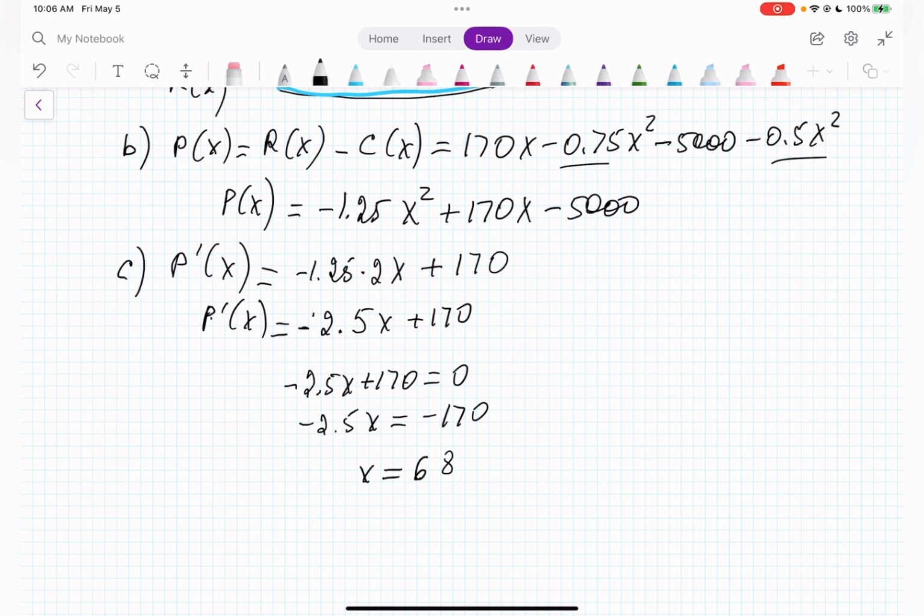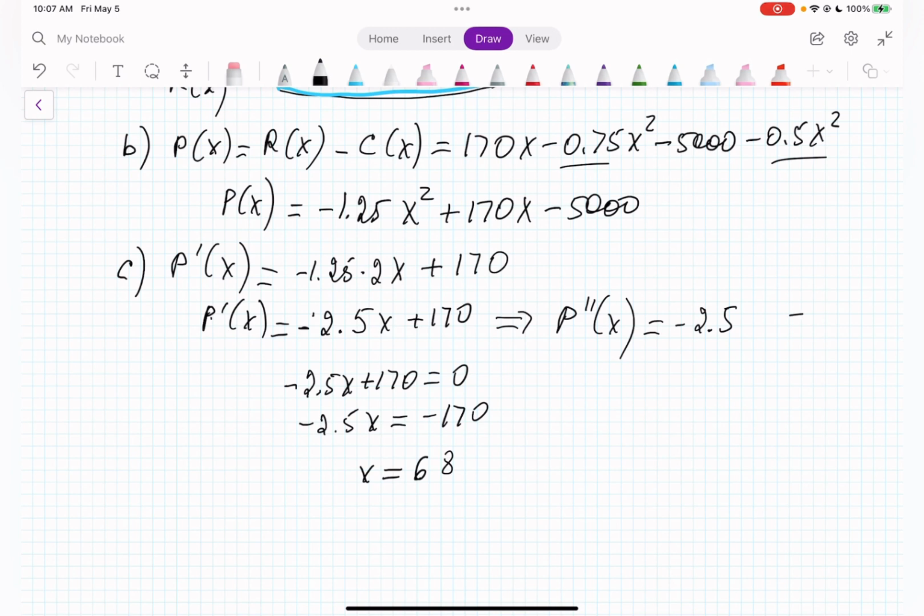Now, second derivative. If I take the second derivative, what do I get? P second derivative of x is equal negative 2.5, right?